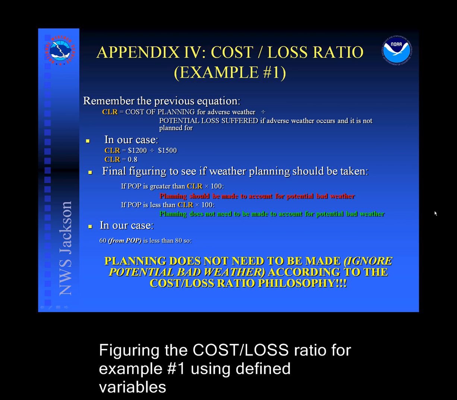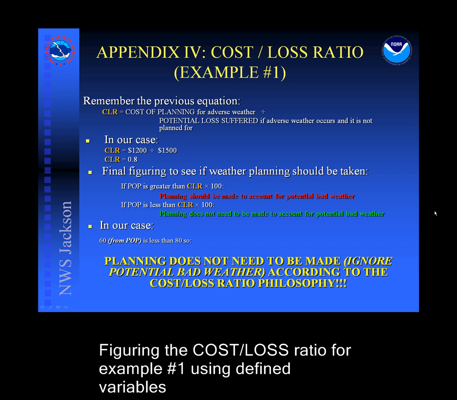So remember from the previous equation that the cost-to-loss ratio equals the cost of planning for adverse weather divided by the potential loss suffered if adverse weather occurs and it is not planned for. In our case, the cost-to-loss ratio equals 1,200 divided by 1,500, which equals 0.8. So we'll do the final figuring to see if weather planning should be taken.